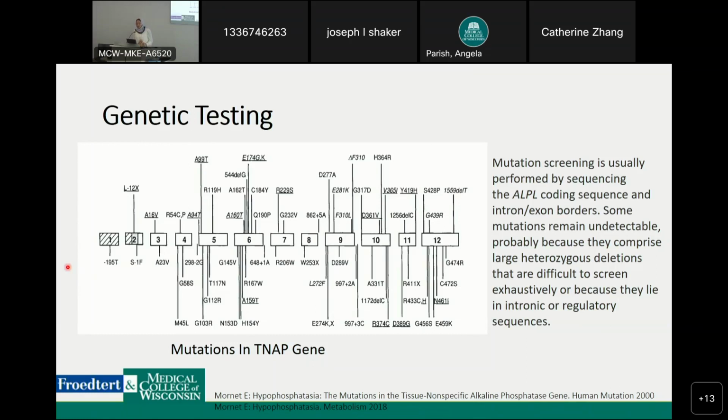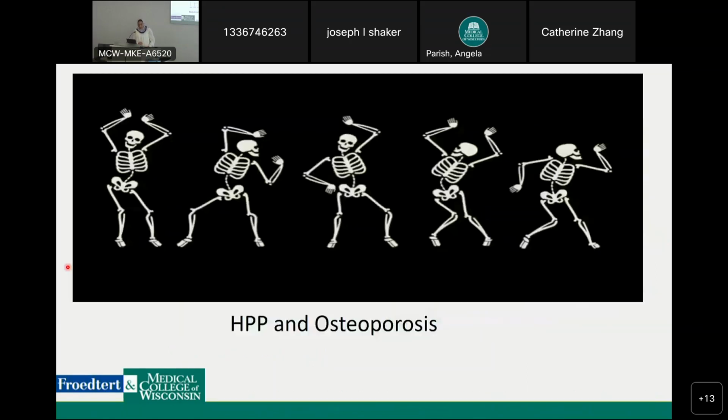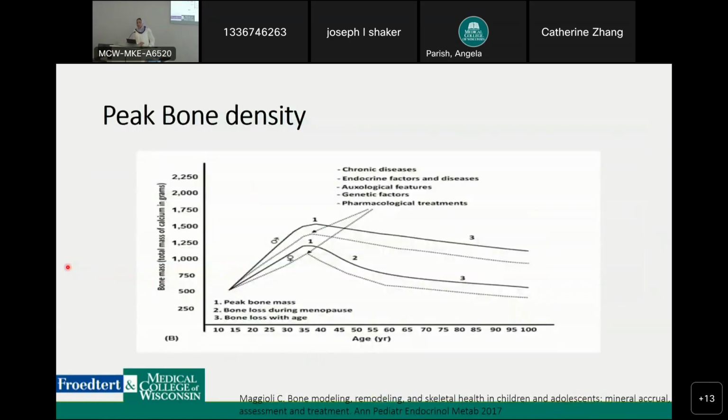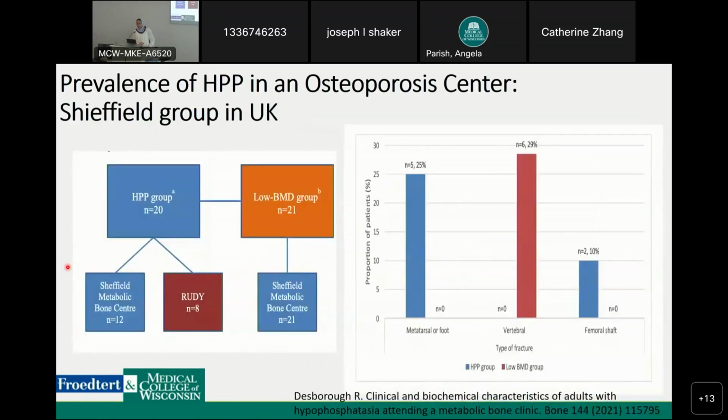Like, where were the locations, was it in the subtrochanteric area? No, spinal compression fractures. So she had an old metatarsal stress fracture and now has spinal compression fractures, which, if I understand your slide correctly, is not common in hypophosphatasia.